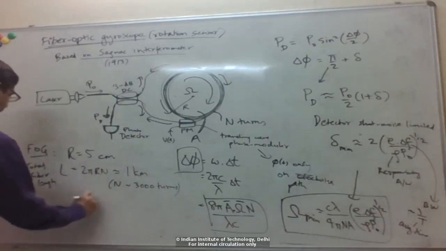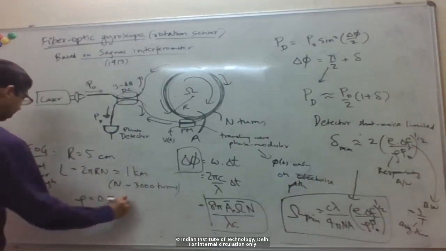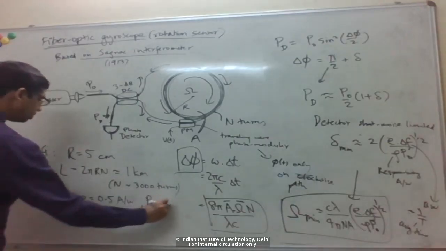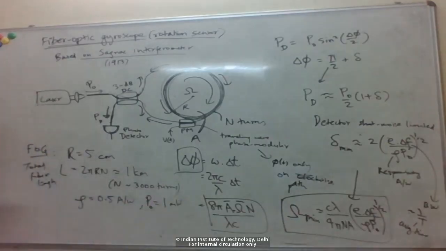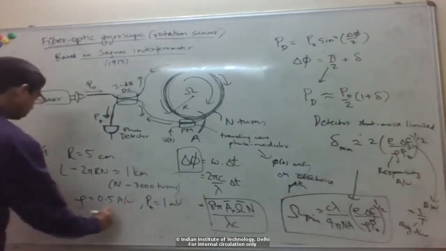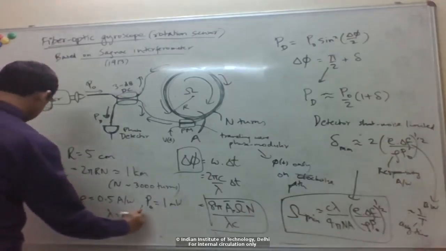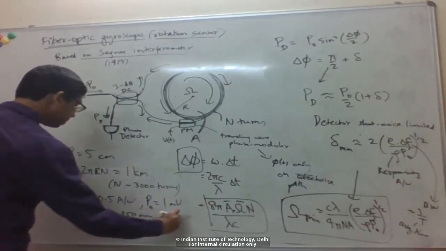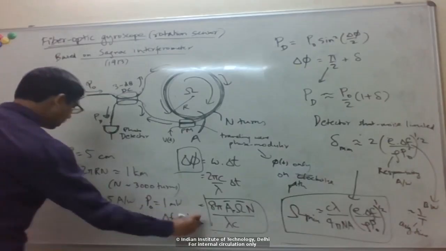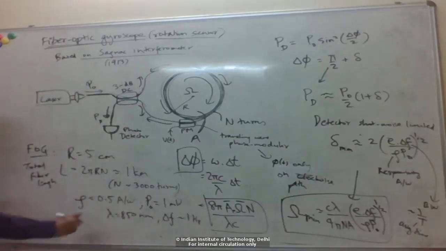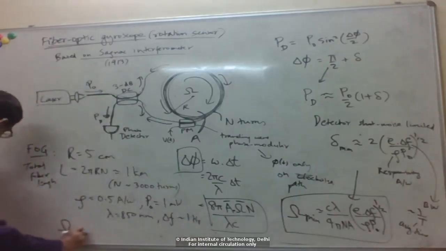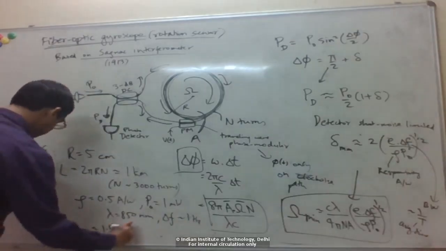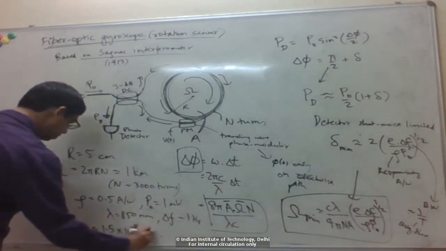Then take typical numbers: responsivity 0.5 amp per watt, optical power 1 milliwatt, wavelength 850 nanometers, and averaging time 1 second, so delta F is 1 hertz. Then this omega minimum comes out to be about 10 to the minus 8 radian per second.